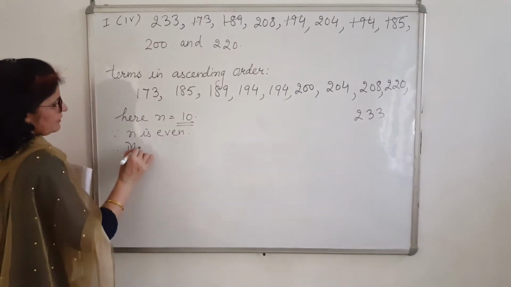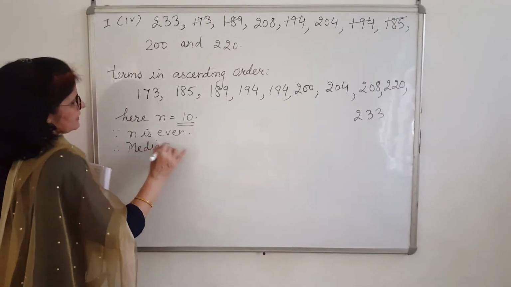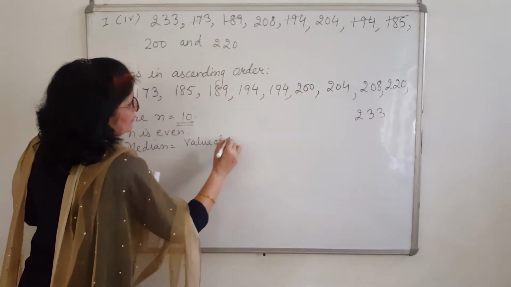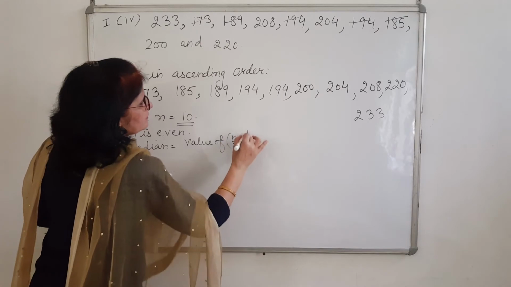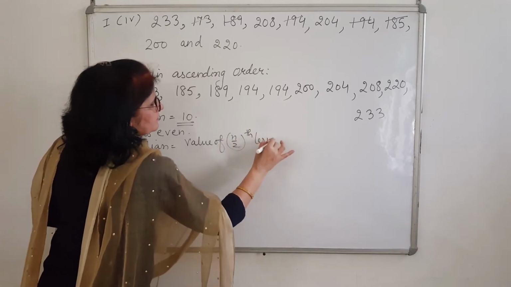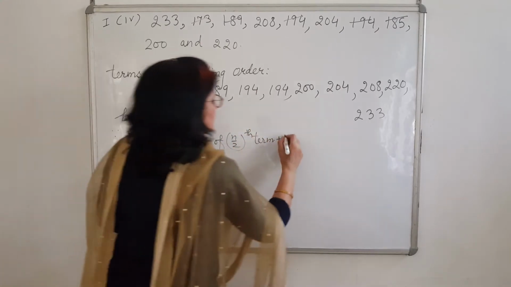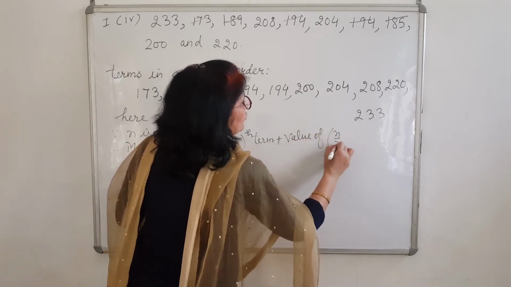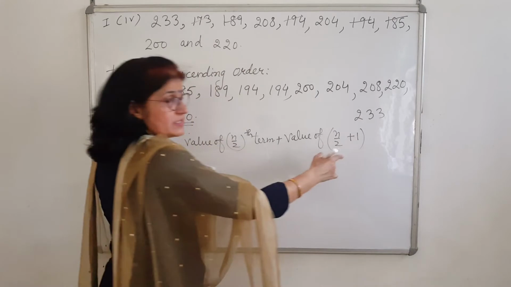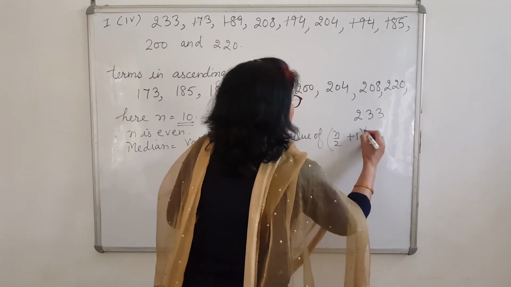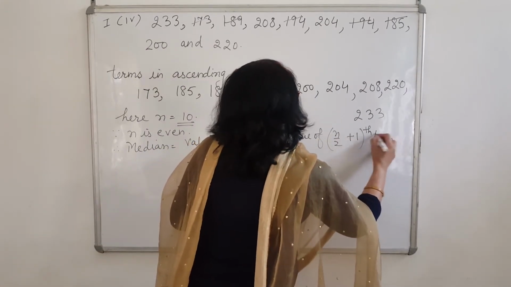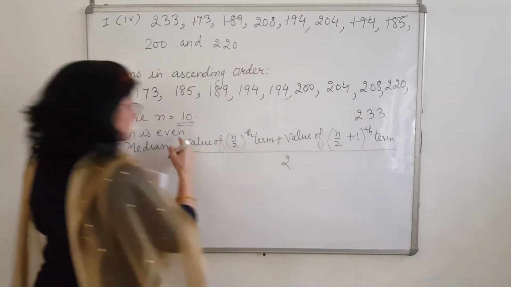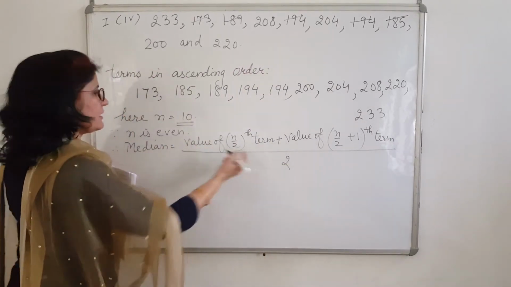Therefore, median is equal to value of n over 2th term plus value of n over 2 plus 1 term. This one you always keep separate, upon 2. You can take this 2 in the starting also, otherwise you can write it like this.